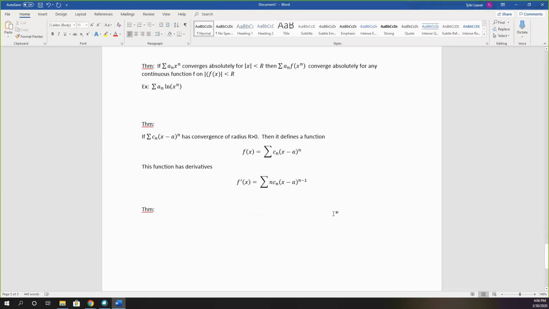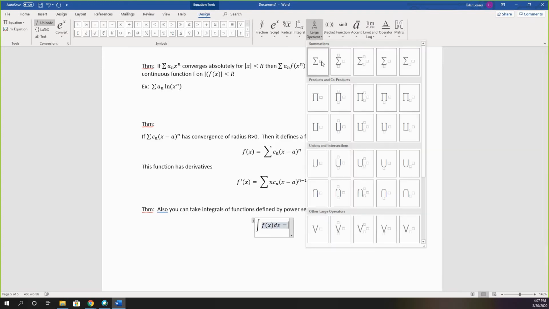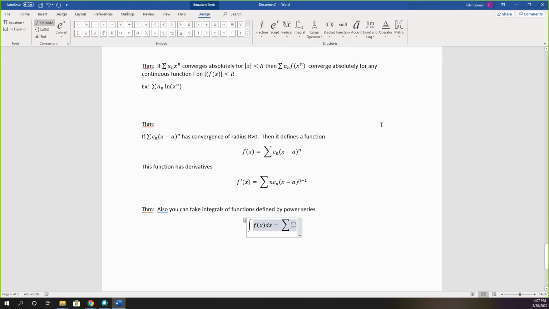Not only can you take derivatives of these power series, you can also take integrals of functions defined by power series. And it's nothing too crazy. All this is saying is that if you want to take the integral of a function, what you can do instead is just integrate the power series.